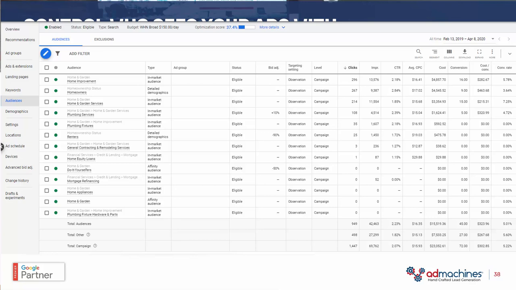So if you've been gun shy about advertising on Google, it's probably because it wasn't managed correctly in the past. Now you have all of these controls that you can put into play to really run the account as aggressive or as conservative as you'd like.